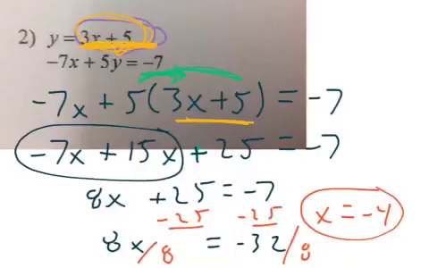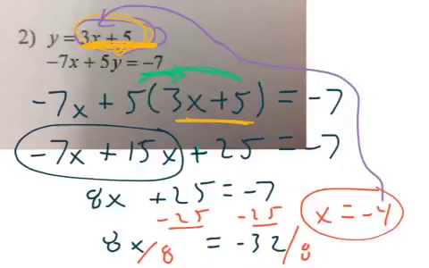X is negative 4. So now what? Well, we're going to take that negative 4 back up here, and I'm going to plug it right back inside the first original equation. You could use either one, but why not use the one that's easier, right? So what do we have now?